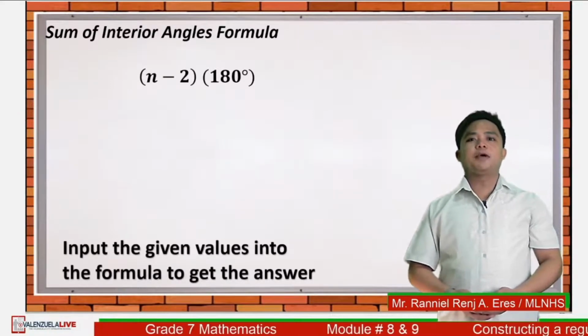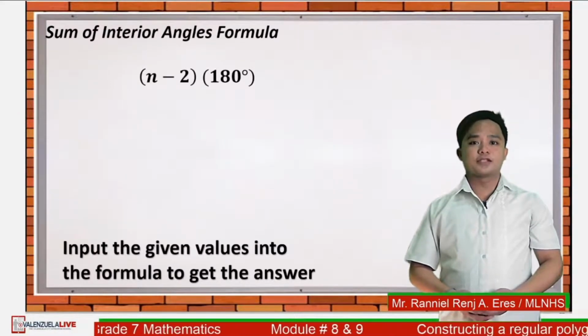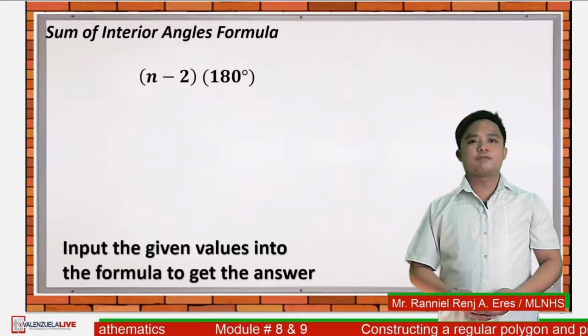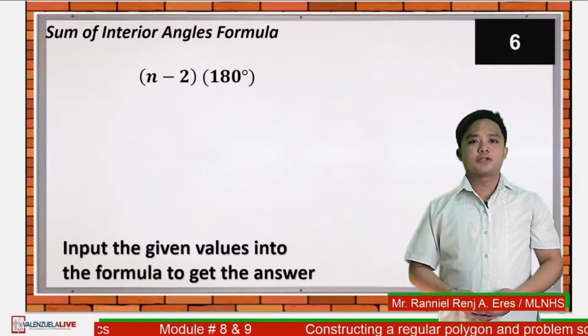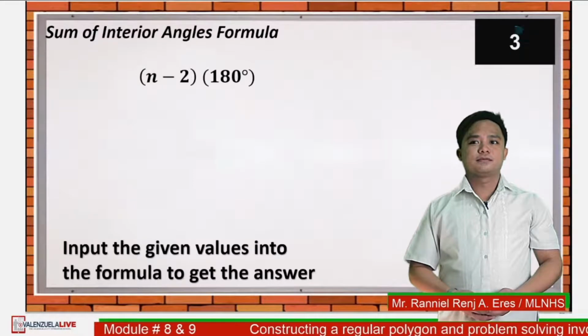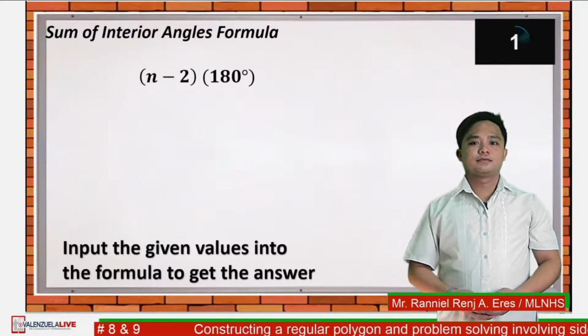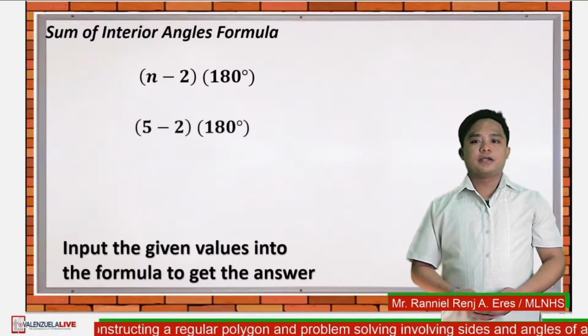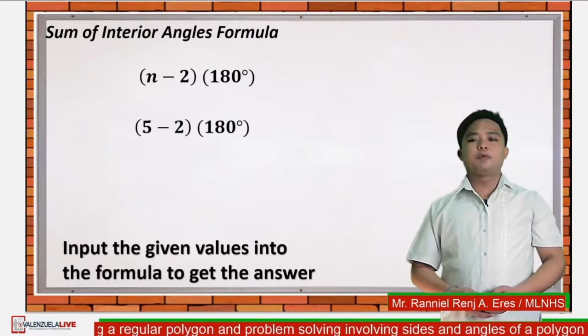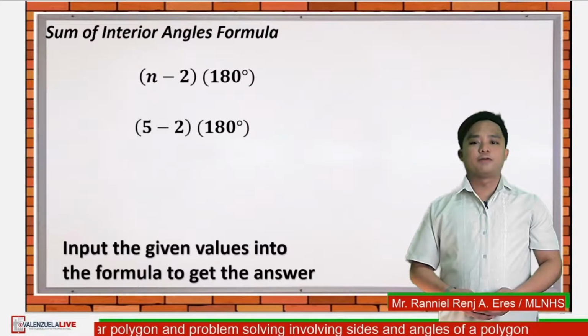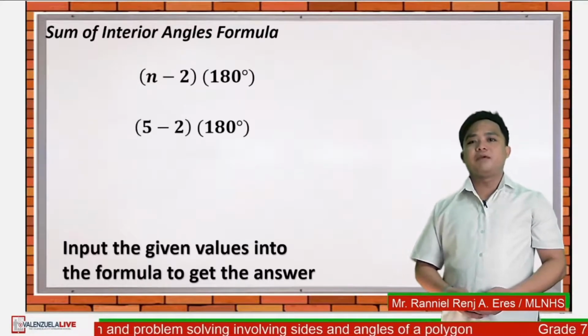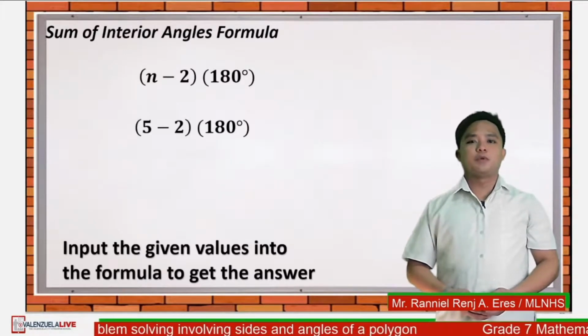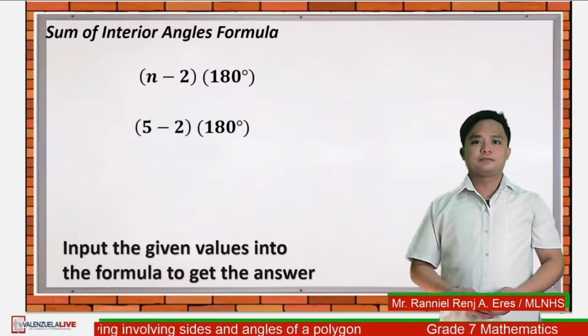Kindly input the given values into the formula to get the answer. I will give you also 5 seconds to comment your answer. Okay, since it is a pentagonal line, we will input 5 as the value of n. So we will have 5 minus 2 times the quantity 180 degrees.